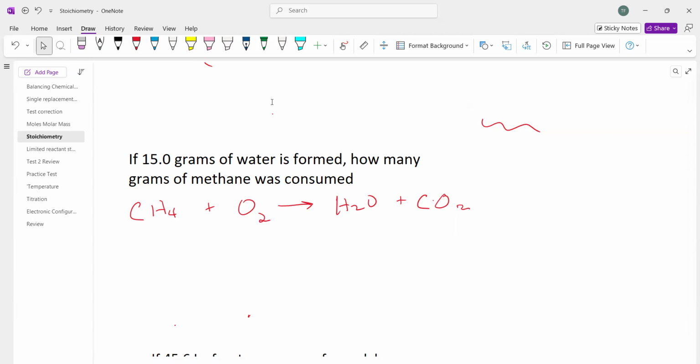Water. Because what's happening inside your engine is combustion, which is this equation here, only instead of CH4, it's C8H18, which is gasoline, octane.